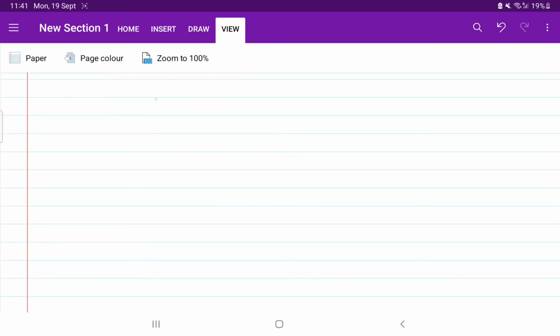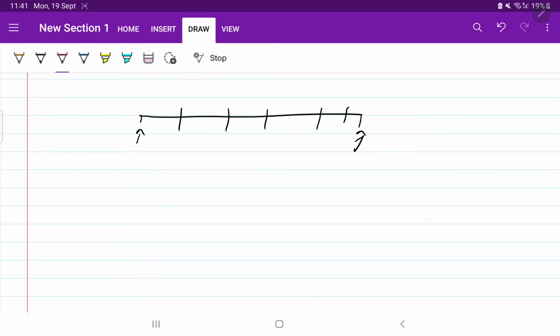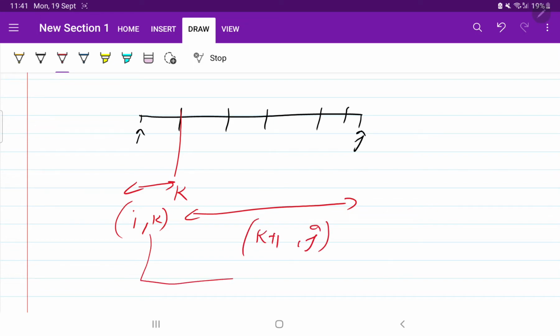Now suppose this is the starting point I, this is the ending point j, and it has some elements. If you do the partition from I to k, and then from k plus 1 to j, this is one partition which will give you some temporary solution. Once the partition is done here, you can also do the partition somewhere else.